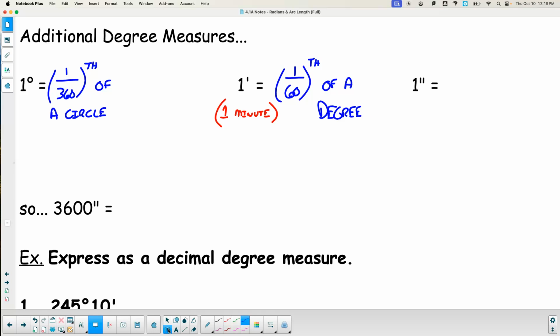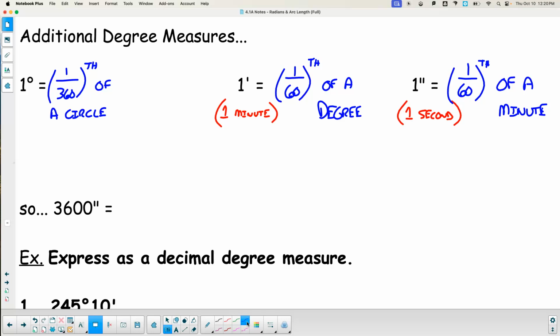And then 1 second is 1/60th of a minute. So like time.